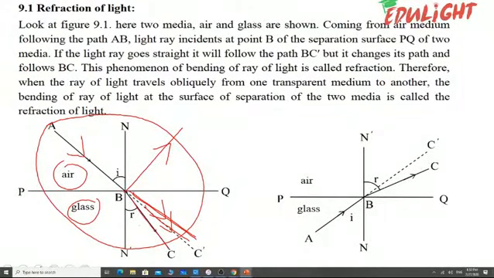This is the original direction, for which this phenomenon is happening, and this phenomenon is called what we have been discussing from the beginning, the refraction of light, or the refraction principle of light. Okay, so this has been discussed here.